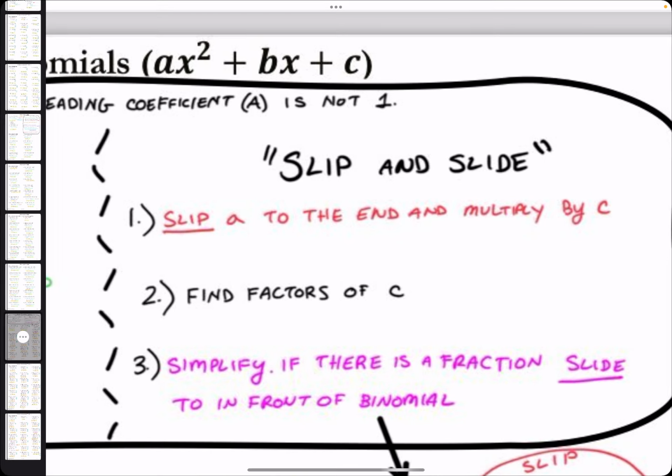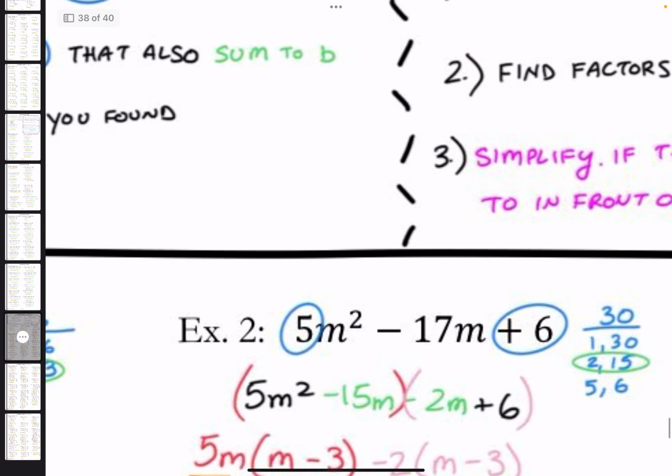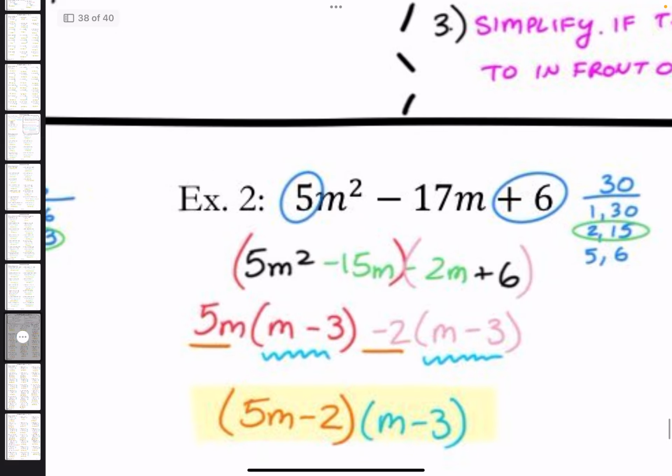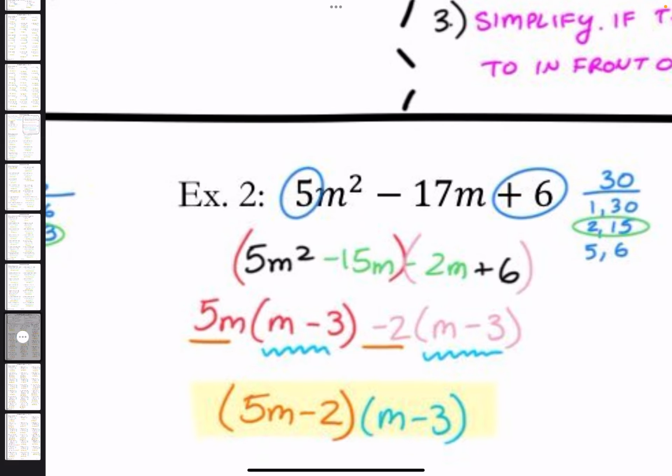Here are the answers to example number 2. If you notice, 1 and 30, 2 and 15, 5 and 6. The 2 and 15 is the one that I used because it gets me to the sum of B, 17. So I split it up between a negative 15 and a negative 2. We still use that whole A times C, sum to B, what's going to multiply, what's going to add up, with signs, and then I factored by grouping.